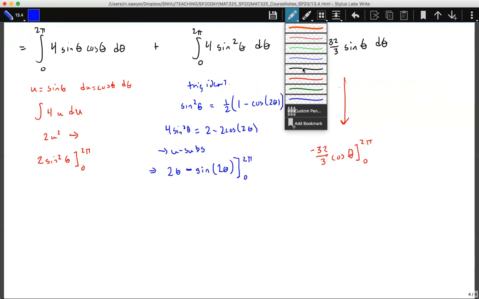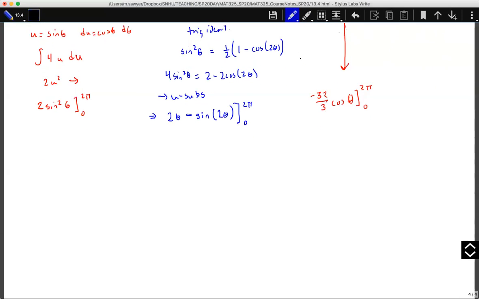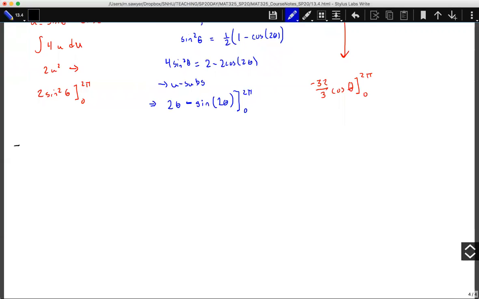So now that we have all these pieces, we can solve our integral. Sine at 2 pi is 0, so the first term is 0 minus 0, evaluating the fundamental theorem of calculus on the first term. Then we have 4 pi minus sine of 4 pi, which is 0.